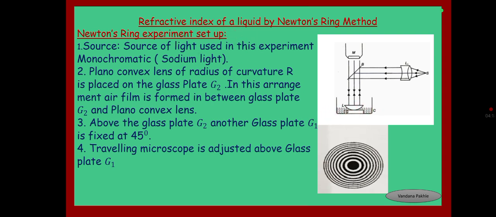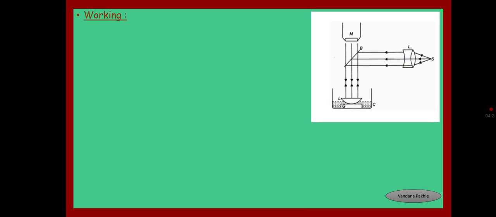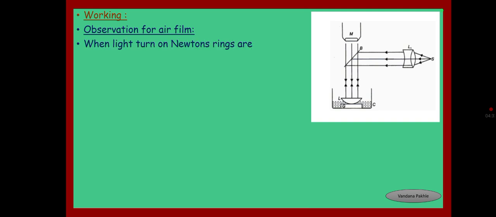The same points are here also. This experiment is again divided into two parts. In the first part, readings are taken without liquid, meaning observation for the air film, and in the second part, readings are taken after pouring liquid, meaning observation for the liquid film.